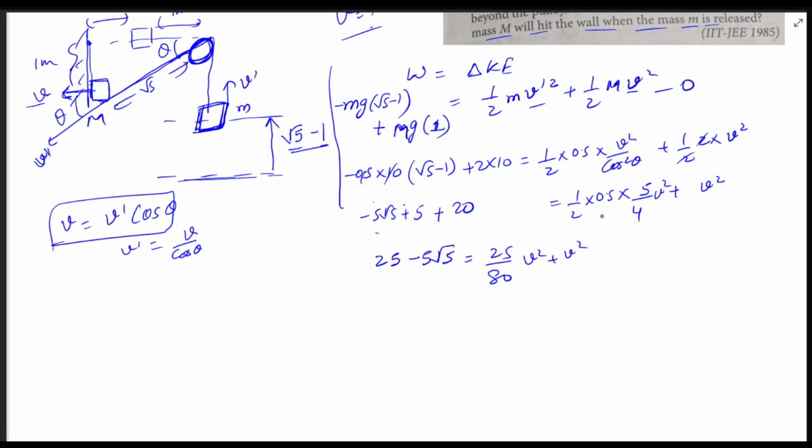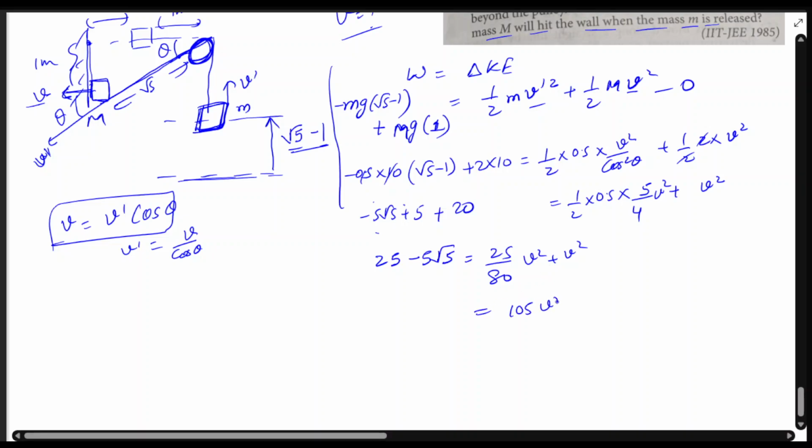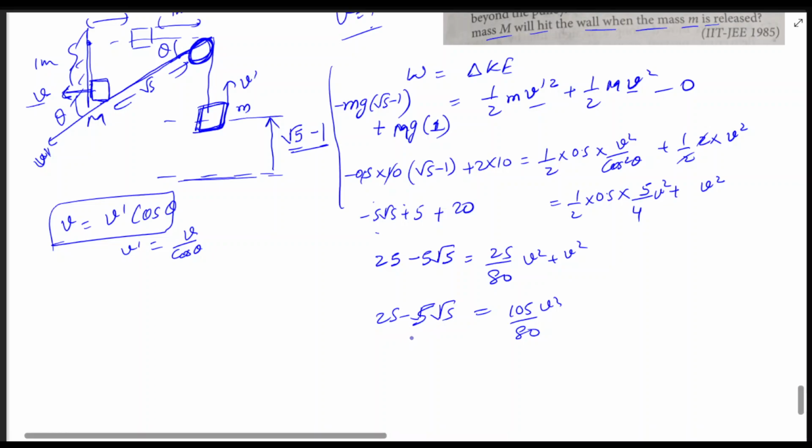Yes, 25 by 4 into 8, right. So this will be 105 v square by 80. So this will be 25 minus 5 root 5. So I will use the calculator. So 25 minus 5 root 5.